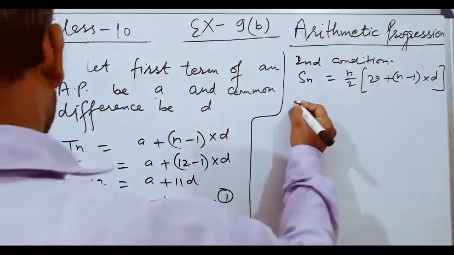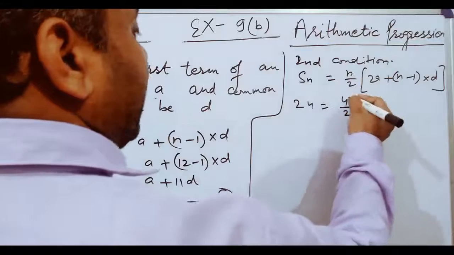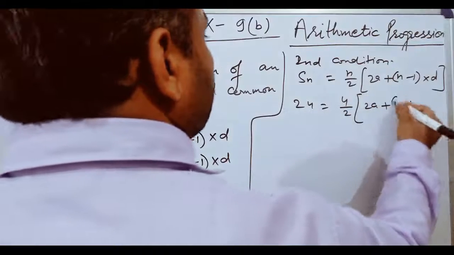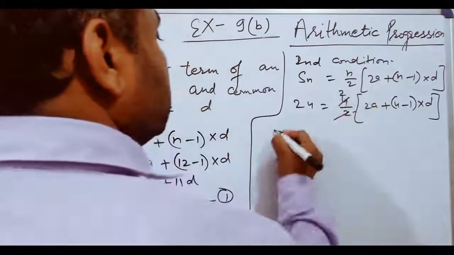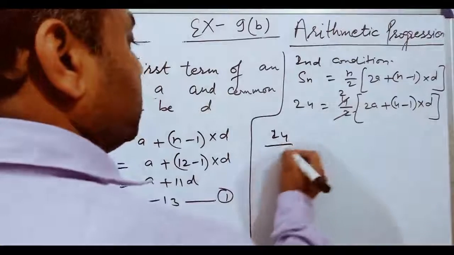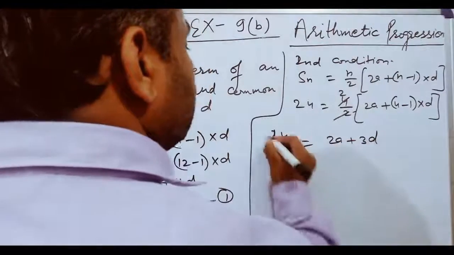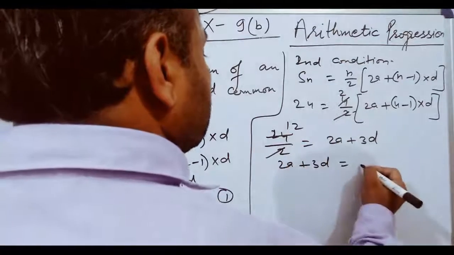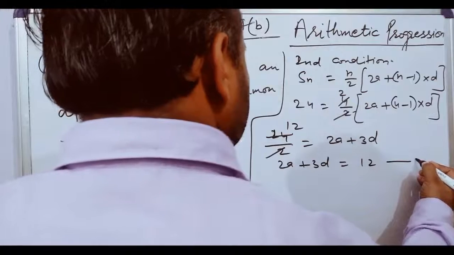S4 is 24, at the place of n put 4: 2a plus (4 minus 1) into d. This 2 cancels, then 2a plus 3d equals 12. Equation number 2.